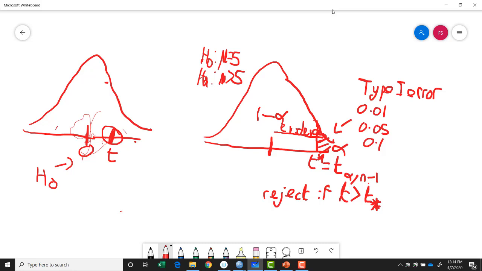Now, what makes it a little bit different in SPSS, so let's draw a third one. So imagine we have our t value here. This is my t starred. And everything to the right of this, we're going to reject.